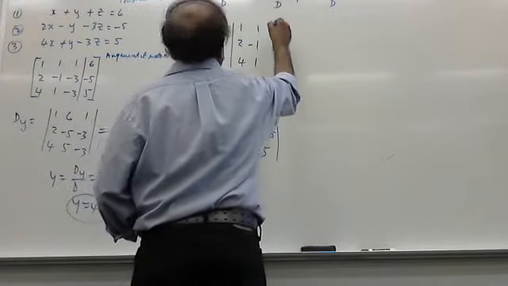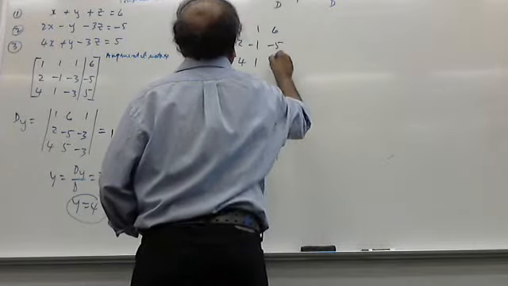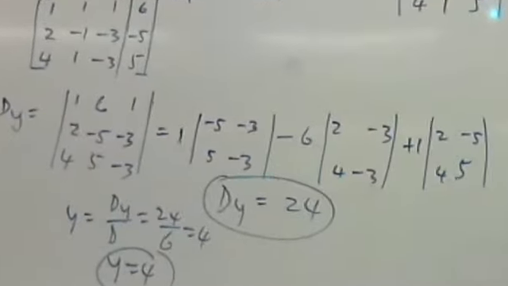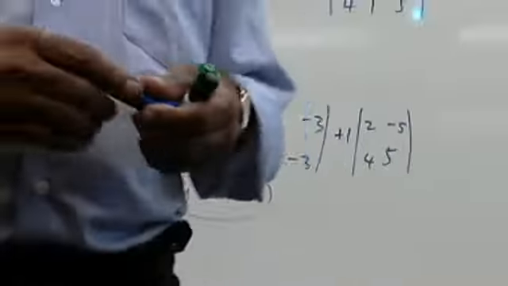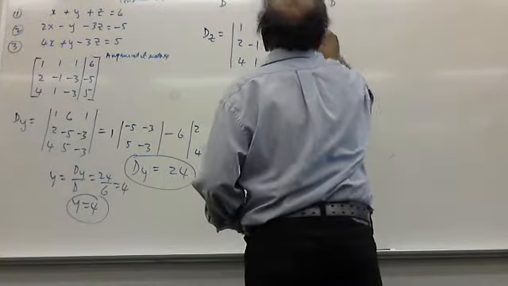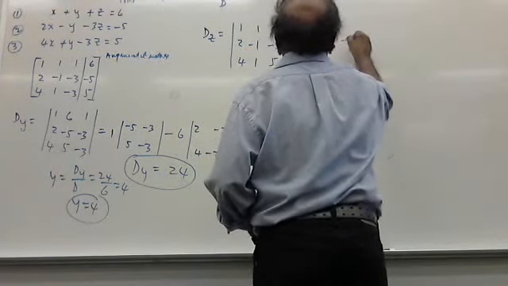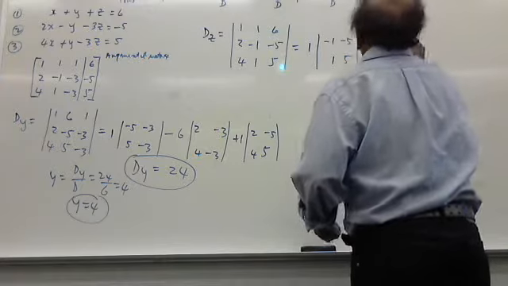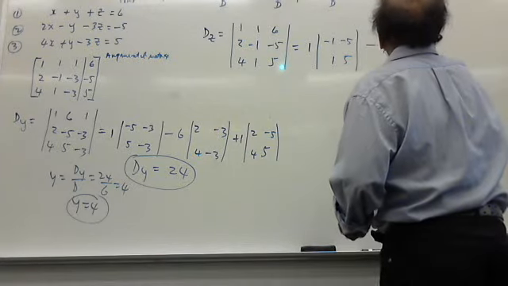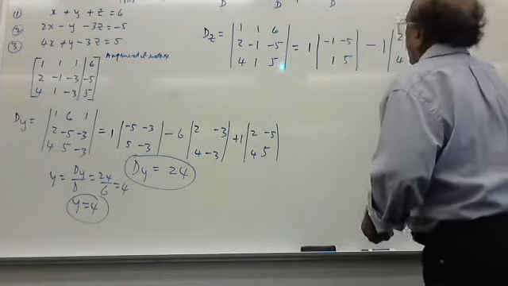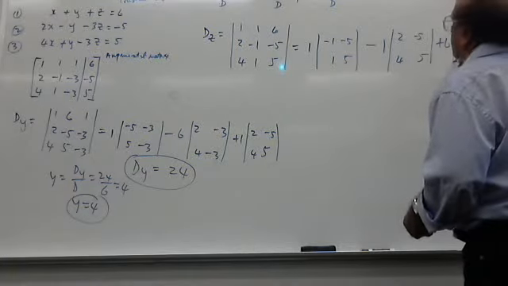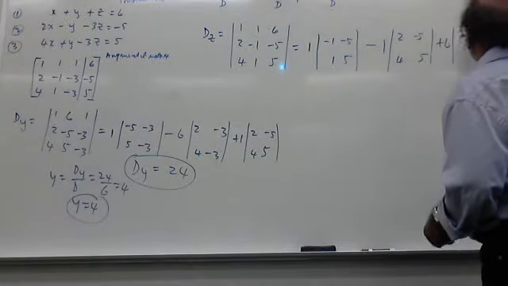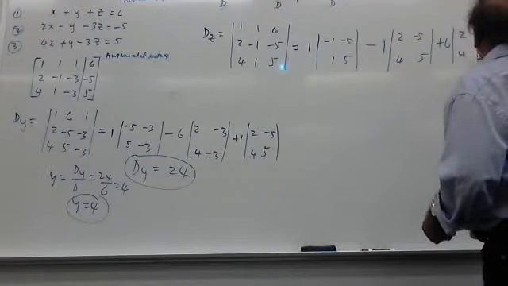We replace the z with 6, minus 5 and 5, and then we will expand by our minor and cofactor, and then this is going to be 1 times minus 1 minus 5, 1 and 5, minus 1 times 2 and minus 5, 4 and 5, and then this is going to be plus 6, and the numbers we need here are those that are not in the first column and third row, be 2 and minus 1, 4 and 1.